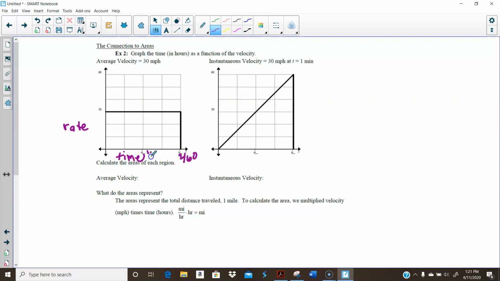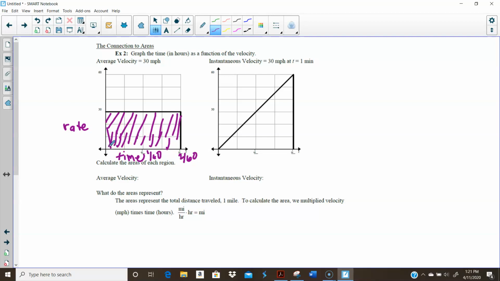Here would be 1 out of 60. So if she travels 2 minutes and she went an average of 30 miles per hour, here's up to 30. And this area is going to represent her 30 miles per hour.